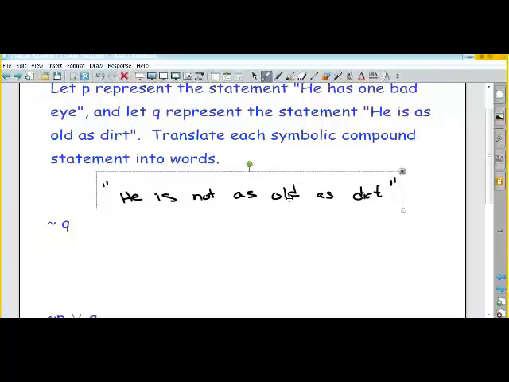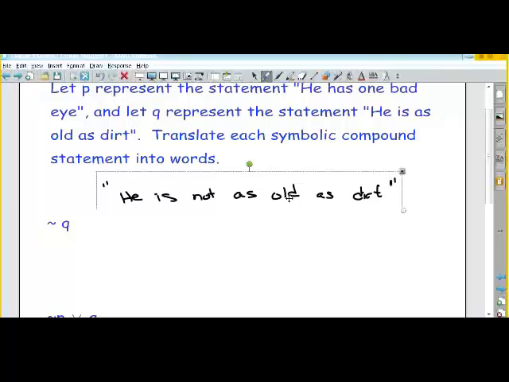Does that cover having one bad eye? It doesn't tell you which eye it is. It doesn't say one bad left eye and one bad right eye. So if he has one of them bad, then that is part of his true statement. But if he has both eyes bad, I think it's still true. He still has one bad eye. So the case of negation here would be, you could say he has two good eyes, or it is not the case that he has one bad eye.